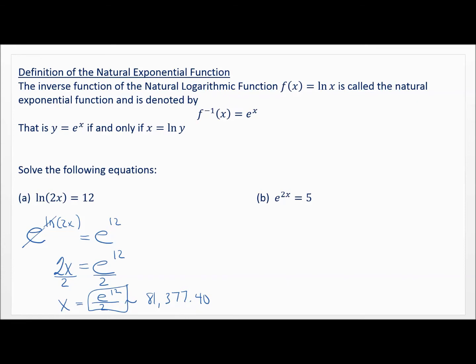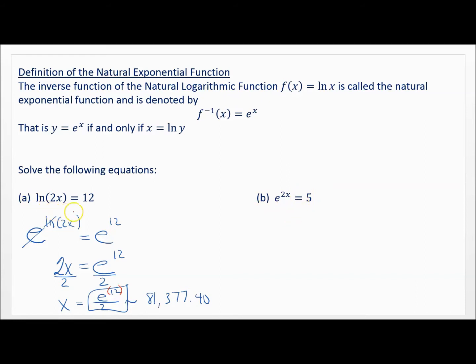So there is that equation solved. Be sure when you type in e to the 12th in your calculator, for a lot of calculators a parenthesis will pop up here, so before you divide by 2 you need to close that parenthesis out to get the correct answer.